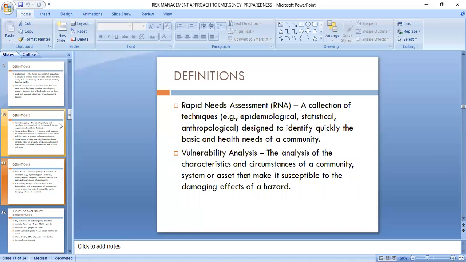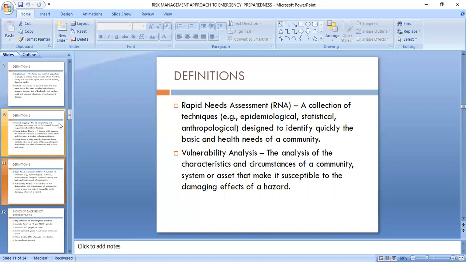Then we have the vulnerability analysis. Okay, you should be able to know, especially before the emergency comes, what are you exposed to? The weaknesses or characteristics of a community or a system that can make you susceptible. For example, why is it that in Africa, emergency and disaster is always escalating? Because of the level of poverty, level of literacy.